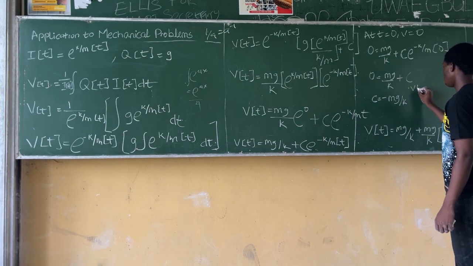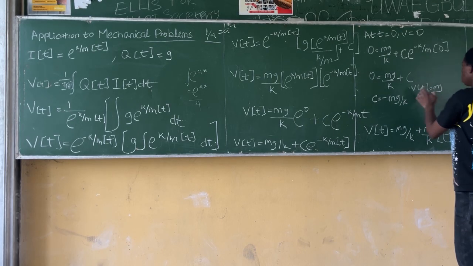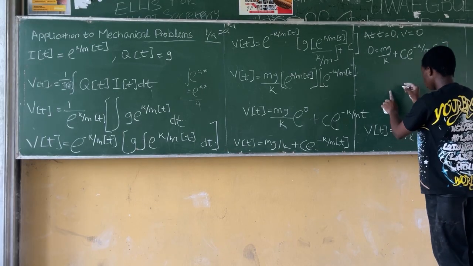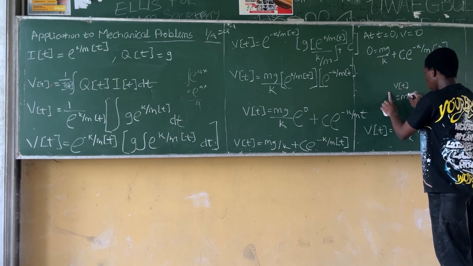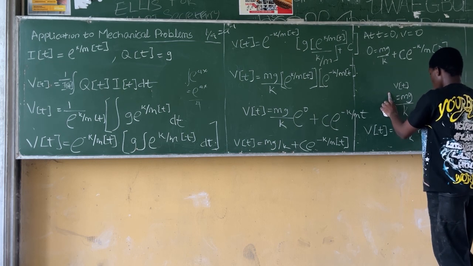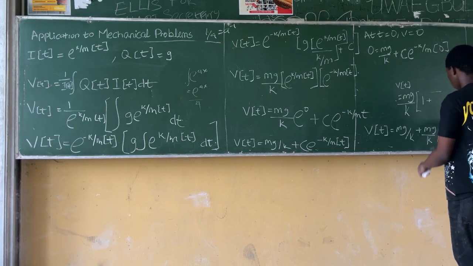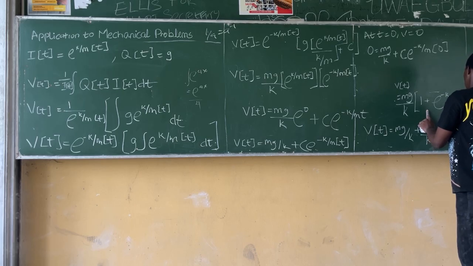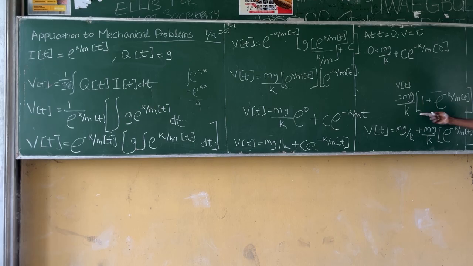Let's write it out properly. So this v of t is equal to mg over k, taking this out, this to be 1 minus e to the minus k over m t. So if you multiply this by this, it will still give you the same answer for the equation.